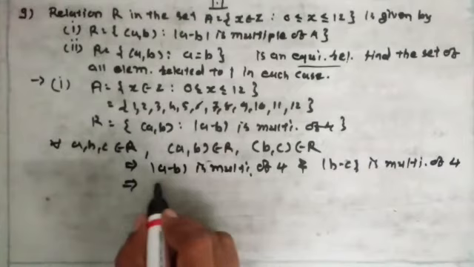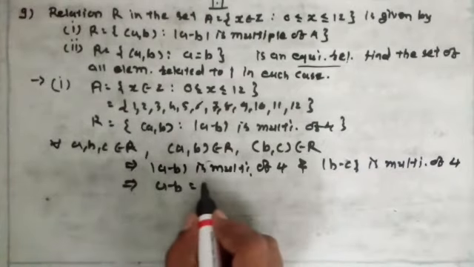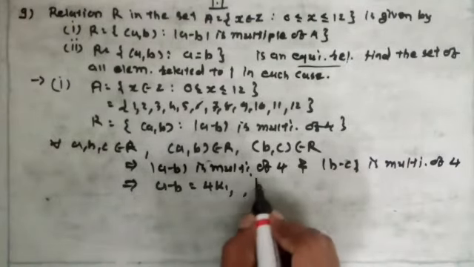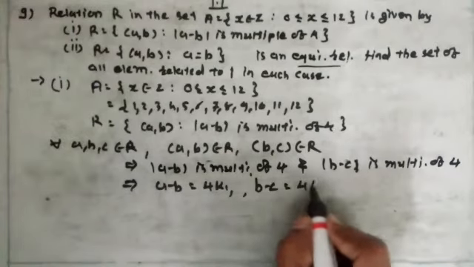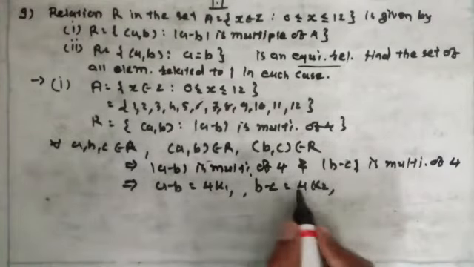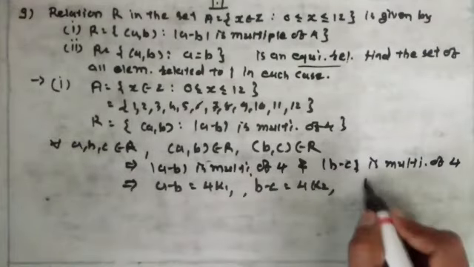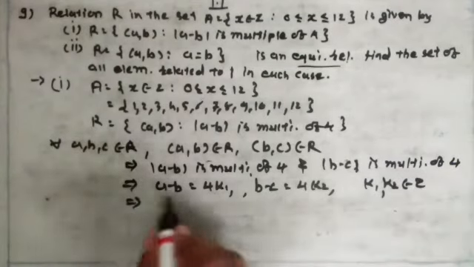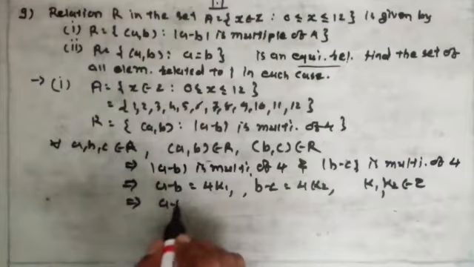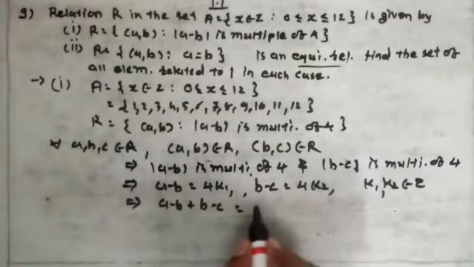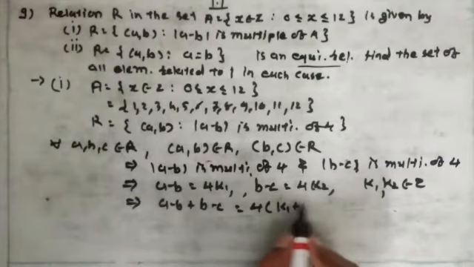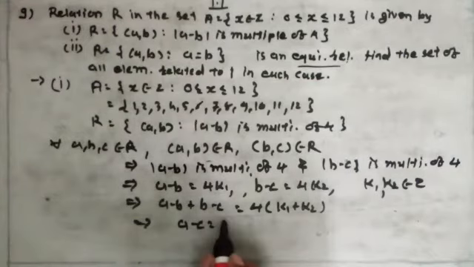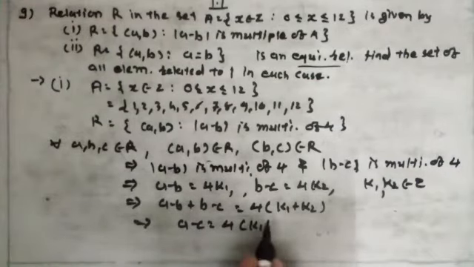This implies a − b = 4k1, because it is a multiple of 4, and b − c = 4k2, because these are multiples of 4. Here k1, k2 belong to Z. Now take the addition of these two: (a − b) + (b − c) = 4(k1 + k2). So b cancels, and we get a − c = 4(k1 + k2).